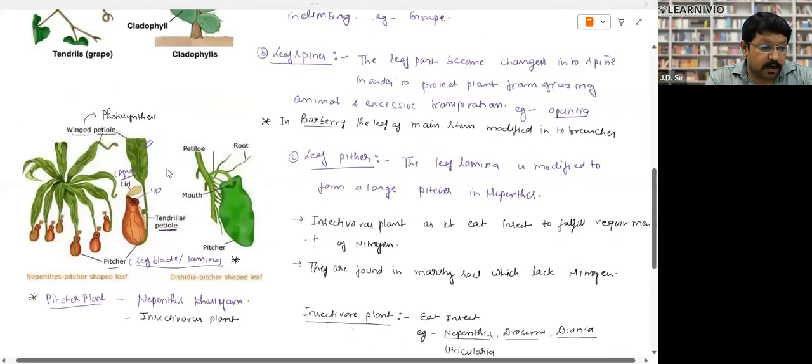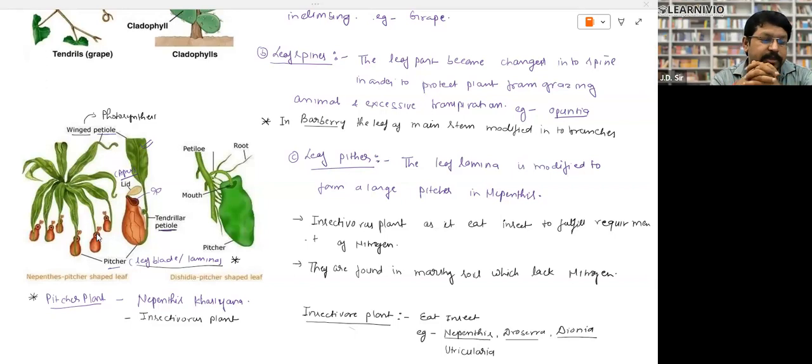Look, this is a pitcher plant. Every pitcher plant has 25 to 36 pitchers on a single plant. At the last point of the leaf there is a pitcher-like structure.